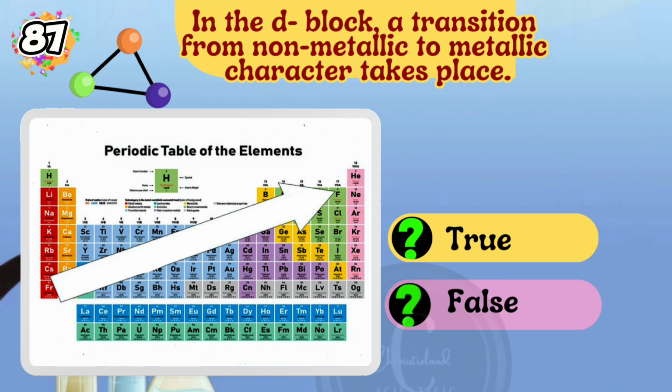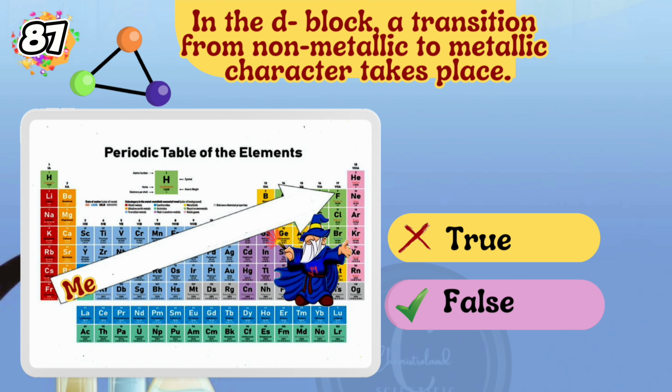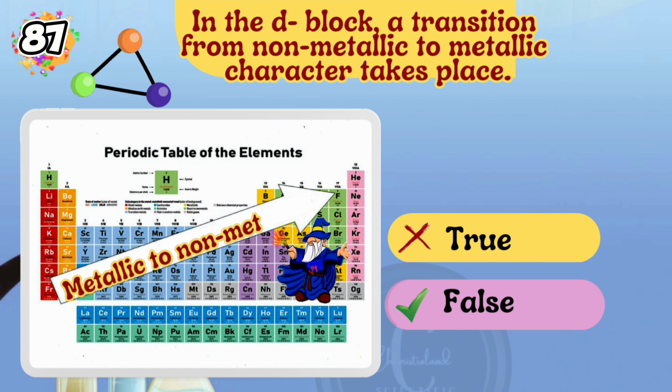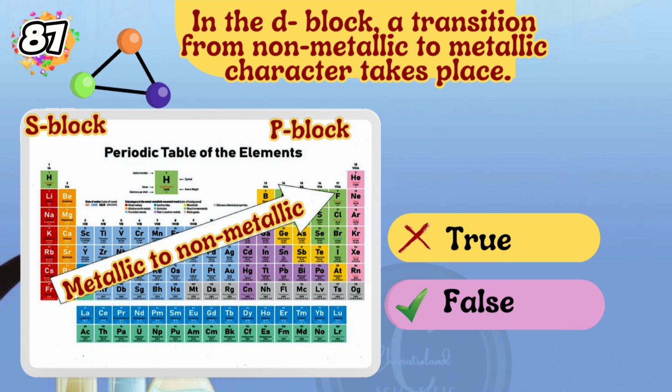In the D block, transition from non-metallic characters to metallic characters take place. Are you agreed with this statement? It is false. The correct statement is, in D block, transition takes place from metallic characters to non-metallic characters. The reason is they are resided in between S block and P block elements.